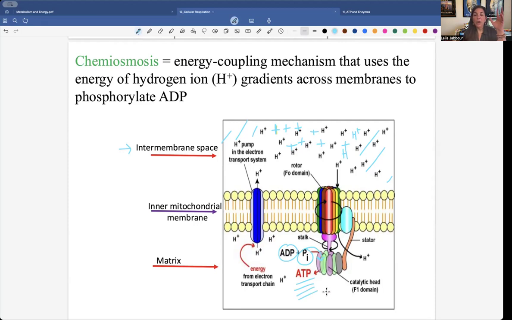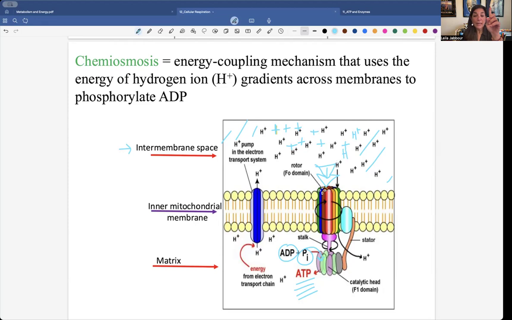Okay. So what energy is it going to use to rotate? Things don't just spin by themselves. It uses the energy that's going to come down from the rush of hydrogen ions down their concentration gradient through that synthase.